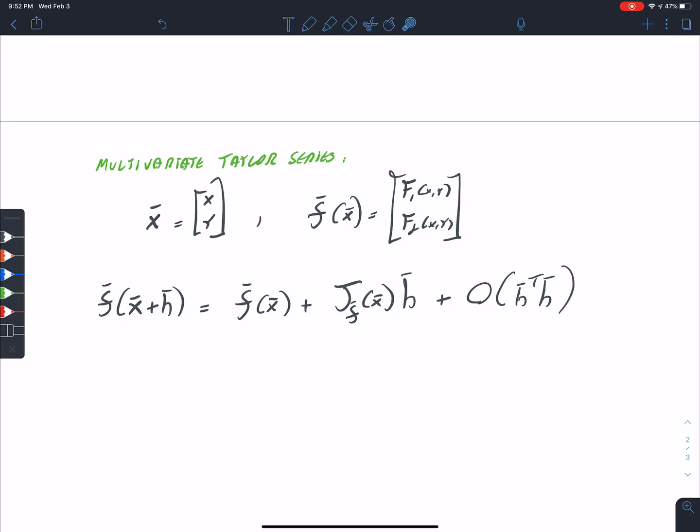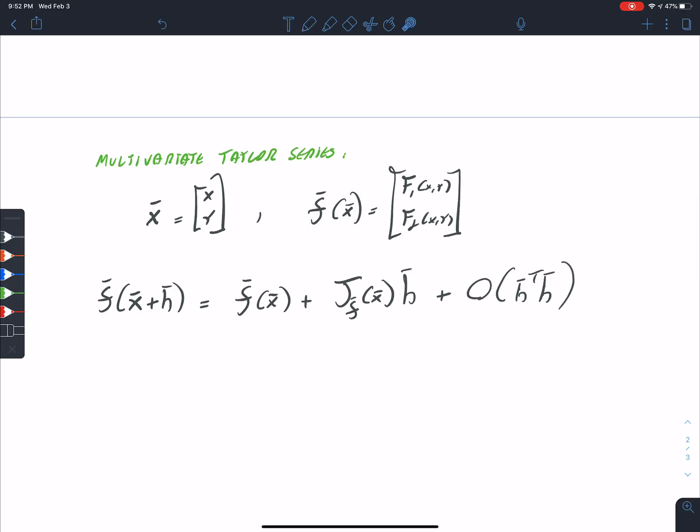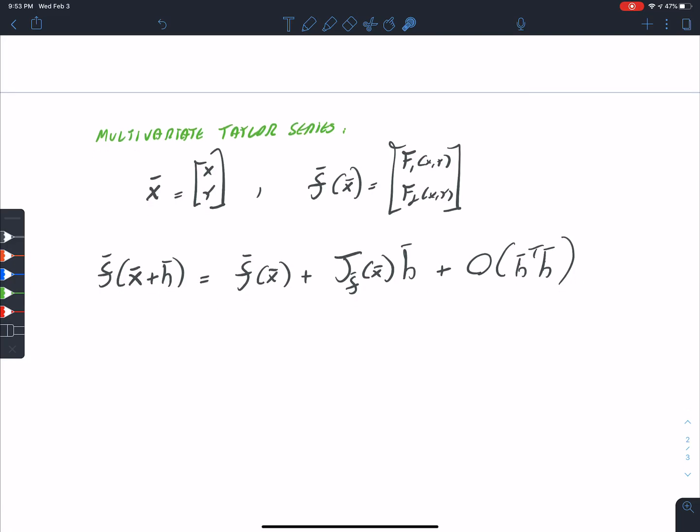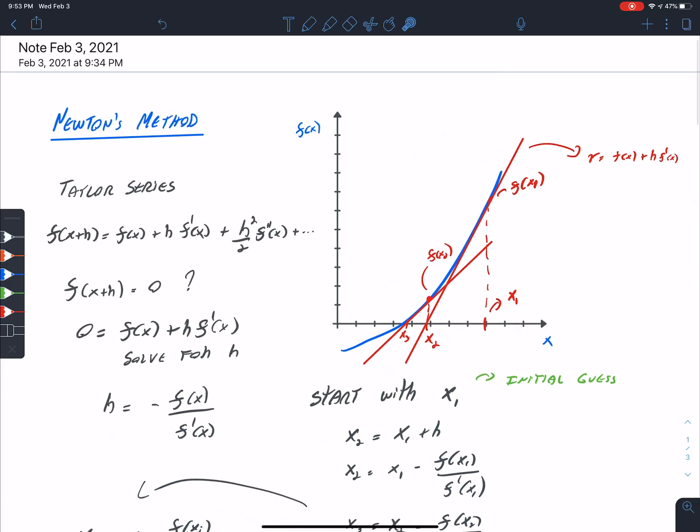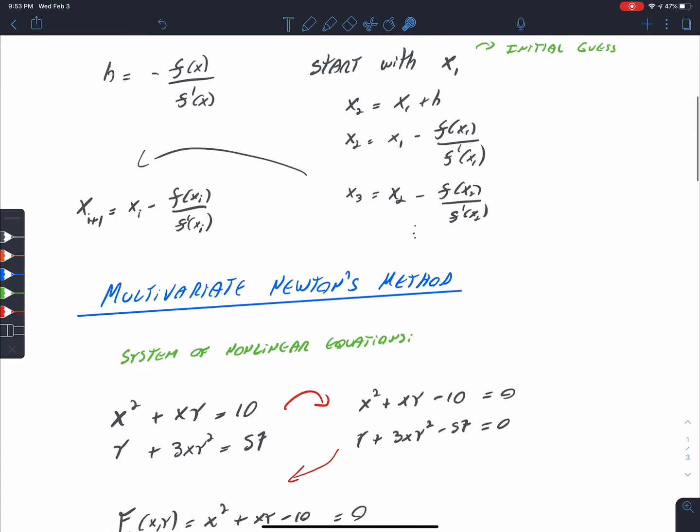When you multiply a vector by itself, you first transpose it and then multiply these two things together. So the error will be of order h squared, but now h is a vector, so it's h transpose h. And like before, we took these two terms only as an approximation, and we imagine the other ones were 0. We're going to do the same thing here.